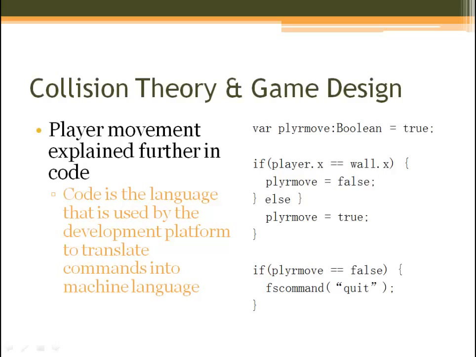Otherwise, or else, the player movement is true. Looking at the next conditional statement, it says if the player movement is false, we want the program to stop. We have fscommand quit. What this is simply saying is that this is the same thing as the previous slides where we had our pseudocode and our flowchart, but now it's in ActionScript 3 code.